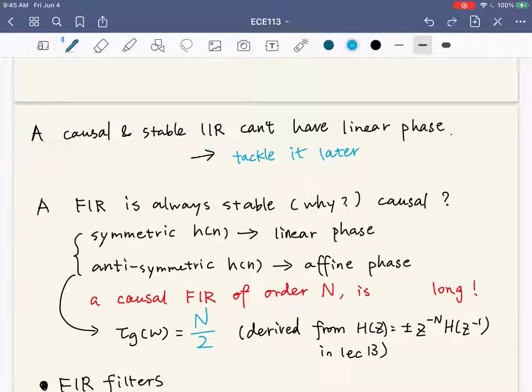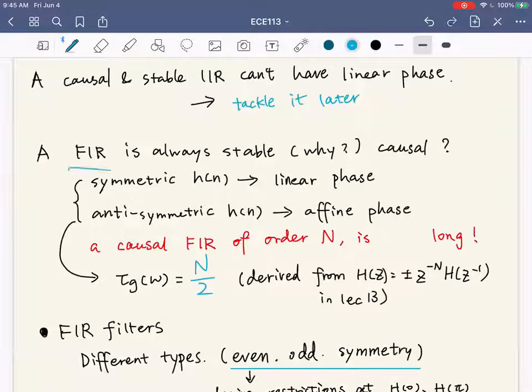So we narrow down our scope to finite impulse response filters here. Okay, and let me check your understanding. An FIR filter is always stable. Is that correct? Mm-hmm. I think that is correct because its region of convergence contains the unit circle, so it always converges.